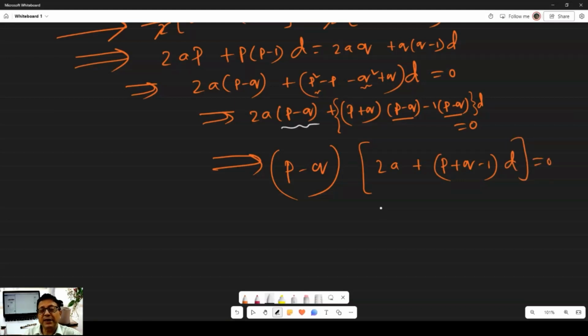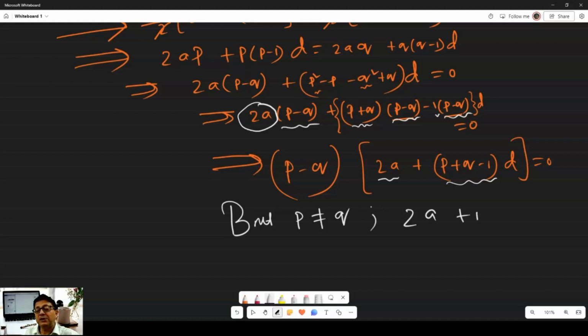I have taken P minus Q common. What do we get? 2A is remaining here, and what is remaining over there? P plus Q minus 1. But P not equal to Q. P not equal to Q, then the sum will not exist, so the rest part must be 0.